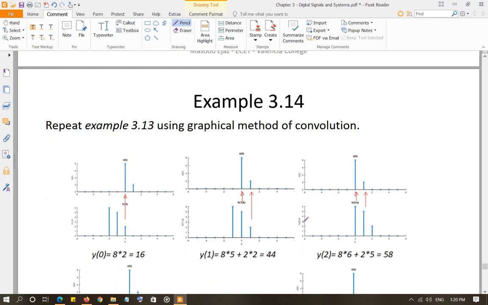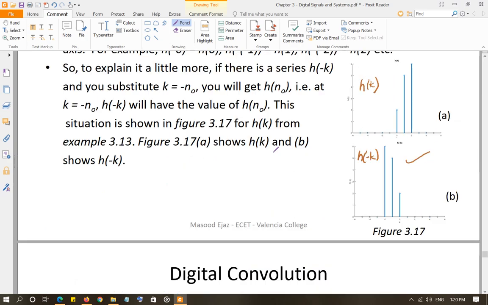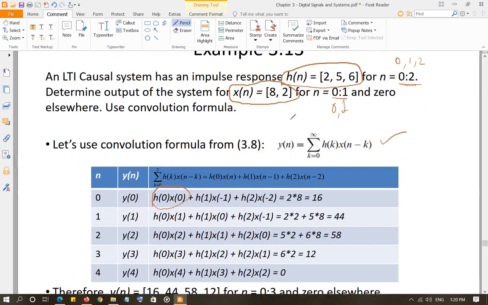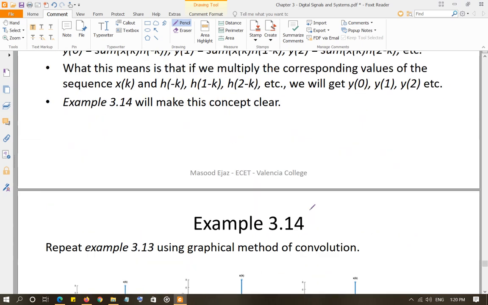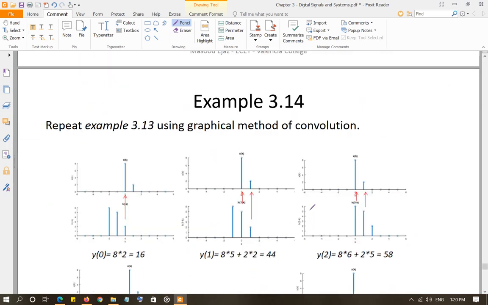Using the graphical method, we do the convolution for the same x and same h that we had here, where h was 2, 5, 6 and x was 8 and 2, as you can see over here.